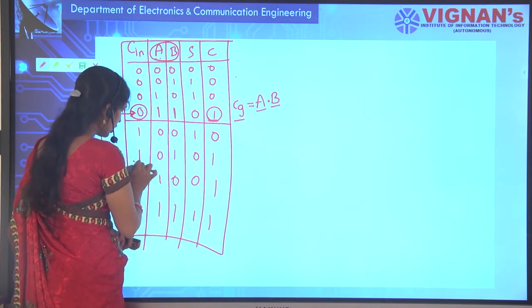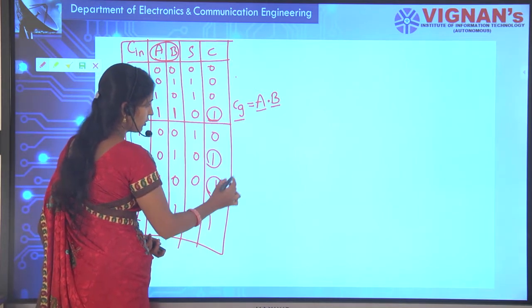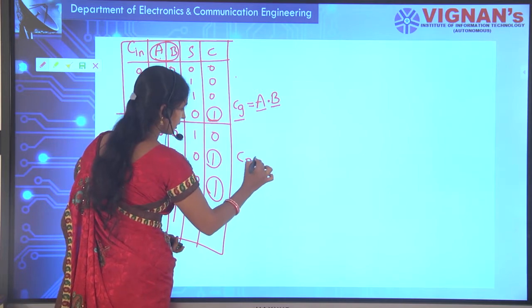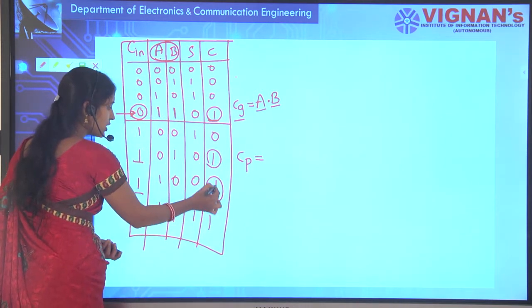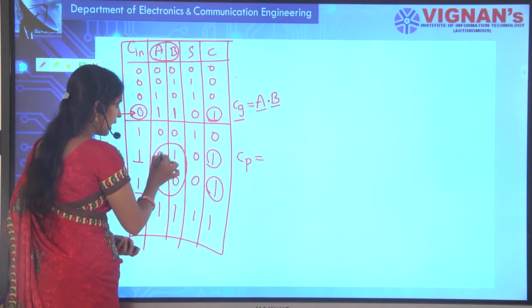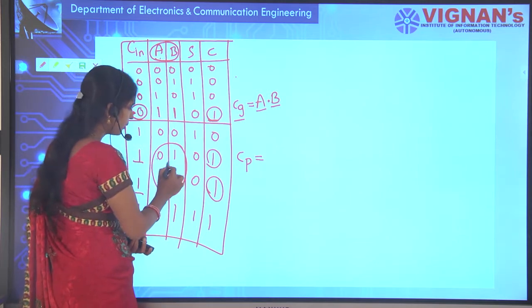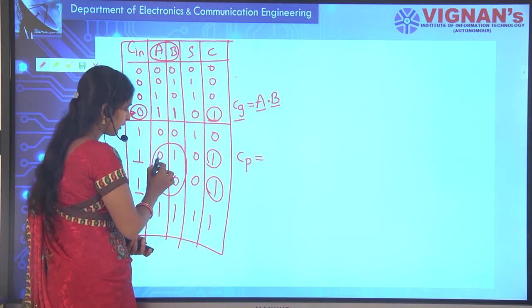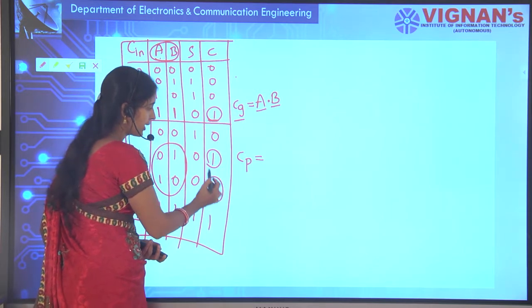See here, if at all carry is provided, what happens? This is called a carry propagate. Carry is being propagated when A and B have different inputs. Like any one of the inputs is 1, the output is 1, carry output is 1.